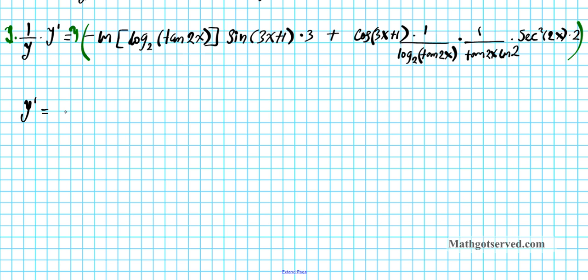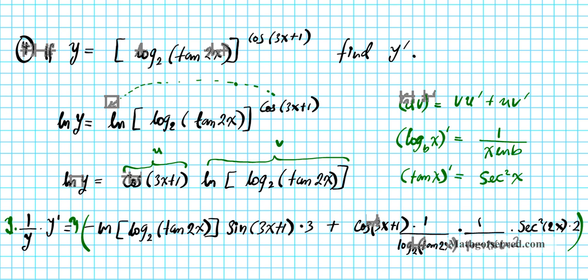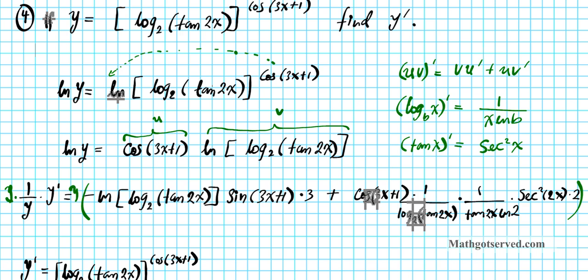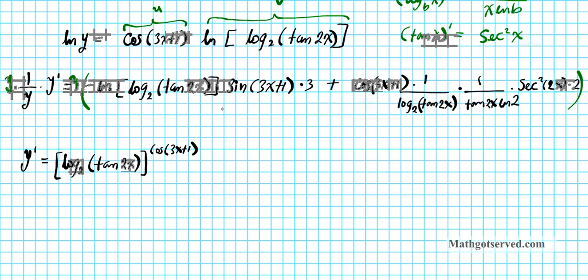The original value of y is log base 2 of tan 2x, that entire thing raised to the cosine 3x plus 1. Okay, that was what y was originally. Right here. And then that times this entire expression right here.